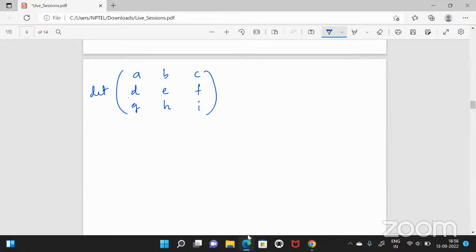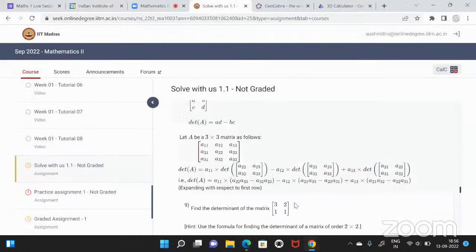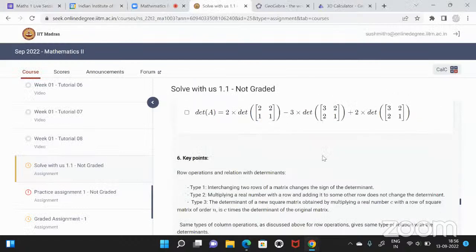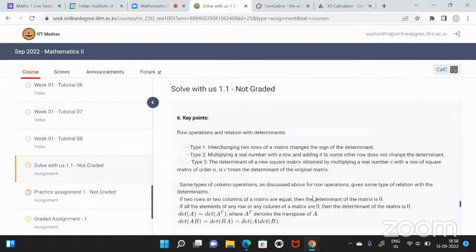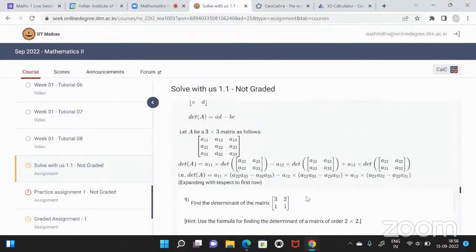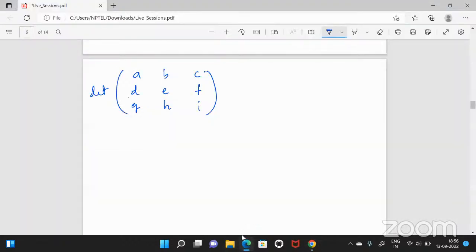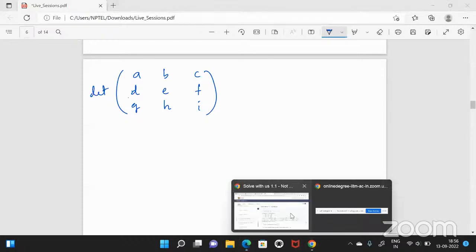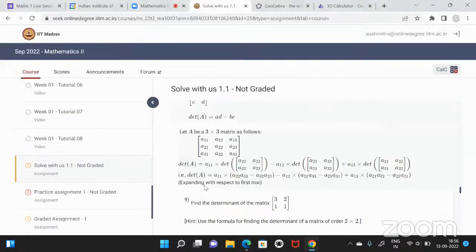Ma'am, we can find it by taking minor and cofactor. Yeah, you can do it by finding minor cofactor, but that's week 2 content, right? Because in this week we are expanding only along the first row, I guess. No, ma'am, it's been there in week 1, last lecture. Oh, okay, fine. Ma'am, then what is there, there's a question, activity 1.39 question.